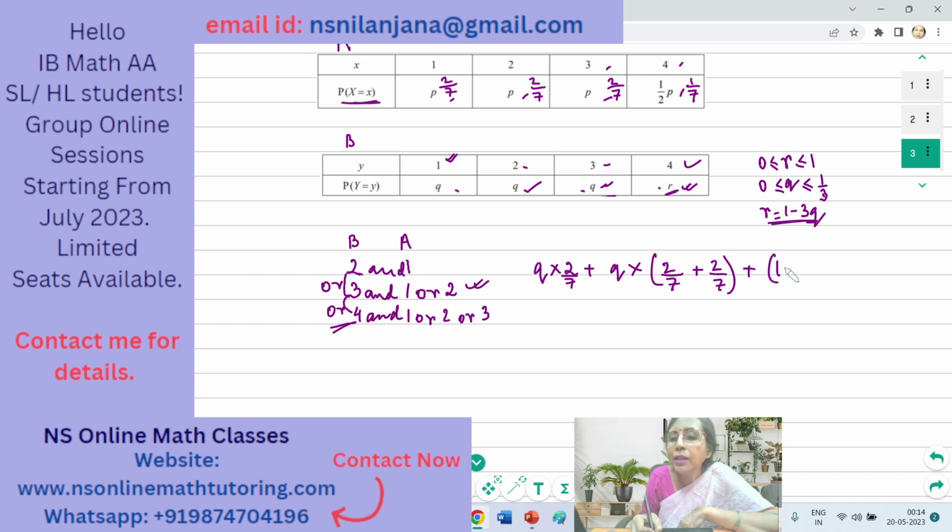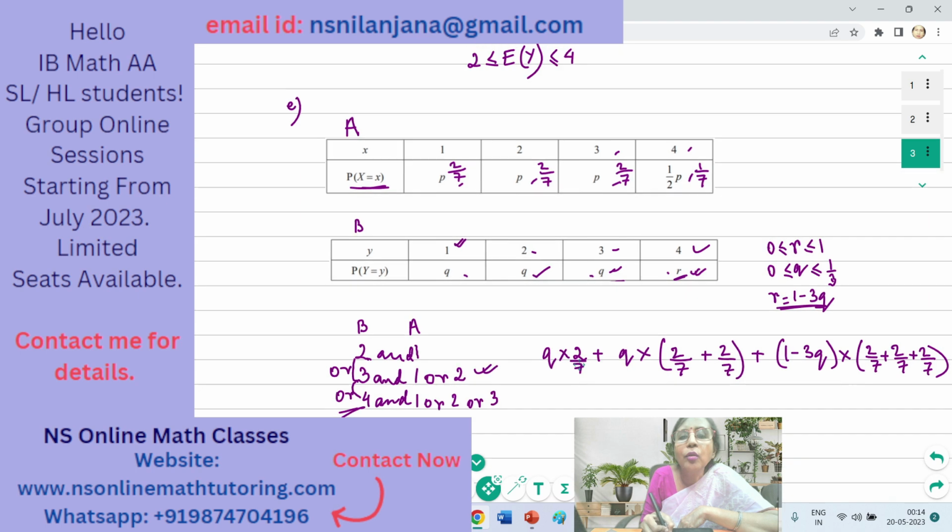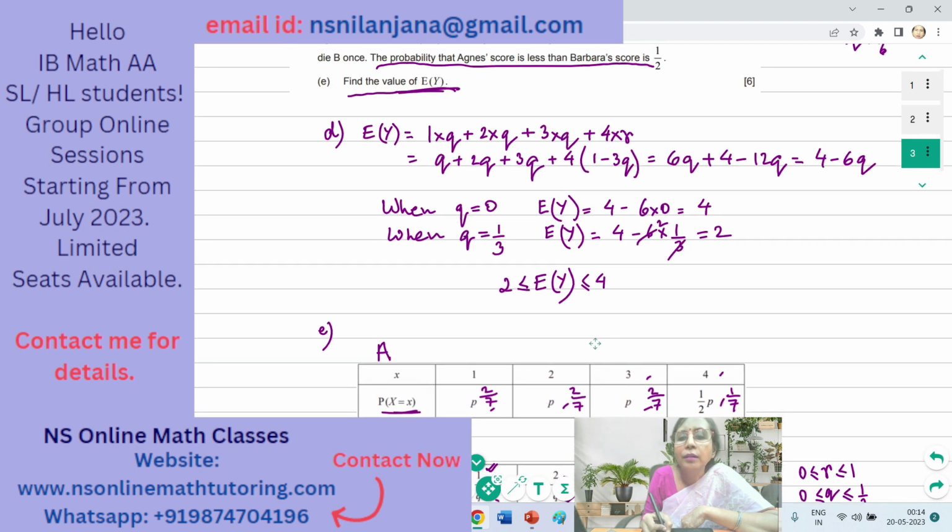So this is 1 minus 3Q times, and Agnes scoring 1 is P, probability is P, or Agnes scoring 2 is also P, or Agnes scoring 3 is also P. Okay, and this should be equal to half. This is equal to half.